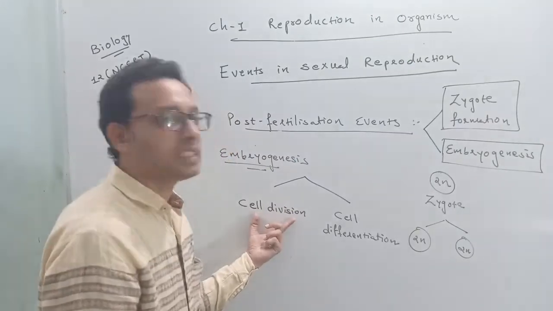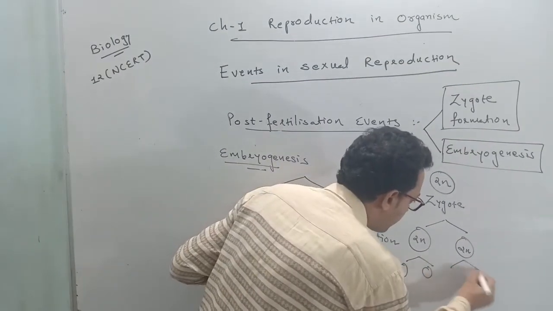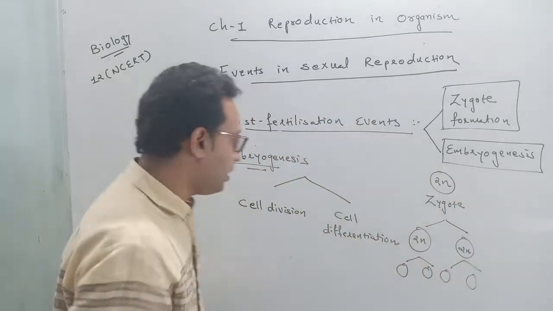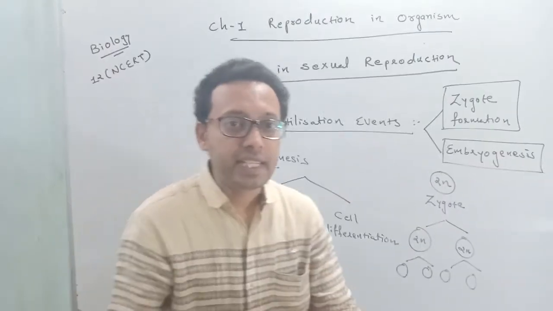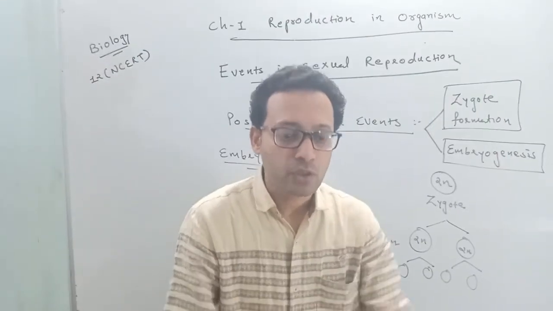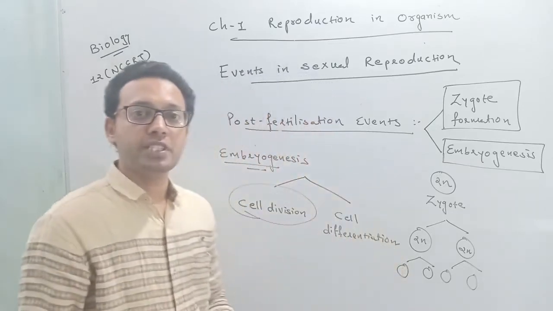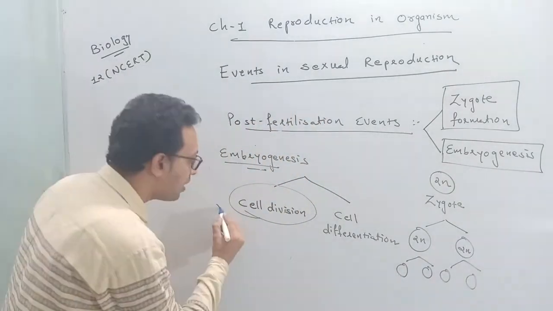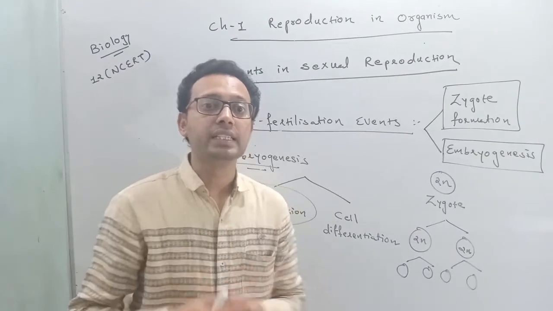But cell division starts, and the number of cells produced keeps increasing. So what is the aim of cell division? Cell division increases the number of cells, because by division new cells are added. So that is the first process. By cell division, the number of cells gets increased.